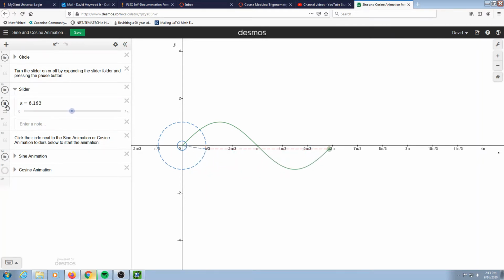Keep in mind that sine goes with your y value, so your y value is increasing and then decreasing, and they decrease so much they get negative, then start to increase again until they become positive, and so forth. So this is what the unit circle looks like, but this is how sine gets sketched out over time. So that's the sine function.